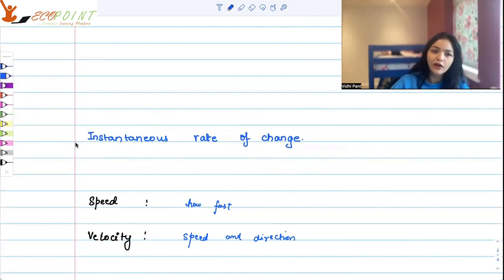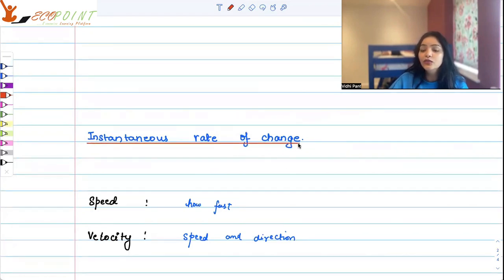Now, you must have quite often heard the word instantaneous change, instantaneous rate of change associated to the concept of derivative. So yes, the concept of derivative is associated to instantaneous rate of change. But it's quite a funny scenario. Why? Because think about it.